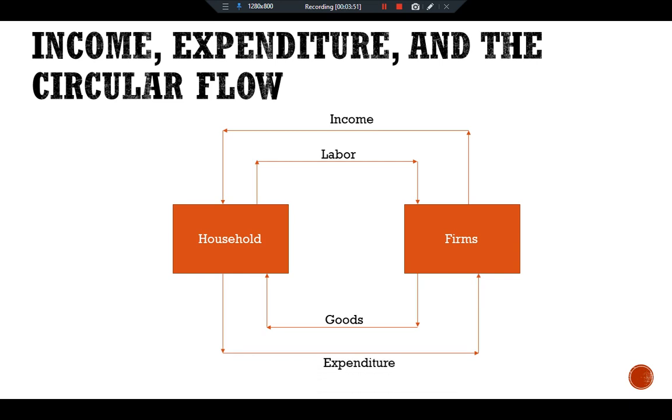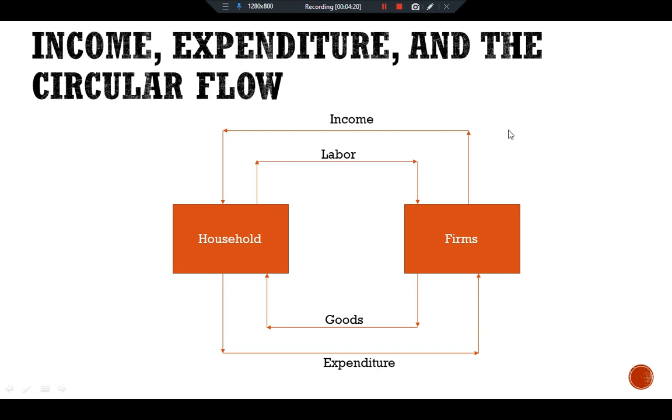This figure illustrates the flow between firms and households in an economy that produces one good, bread, from one input, labor. The inner loop represents the flow of labor and bread. Households sell their labor to the firm, and the firm sells the bread it produces to the household.